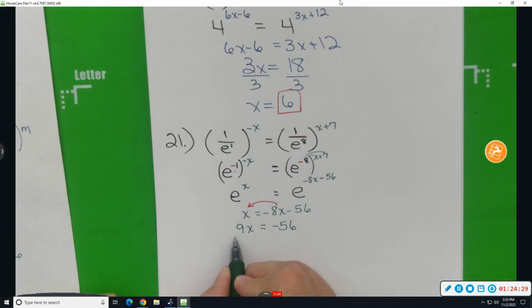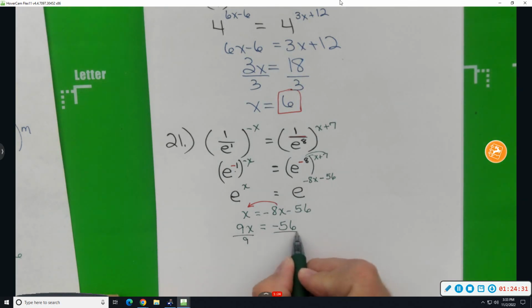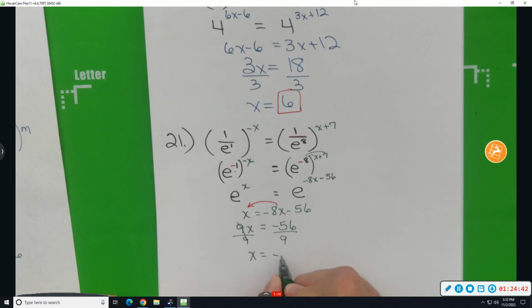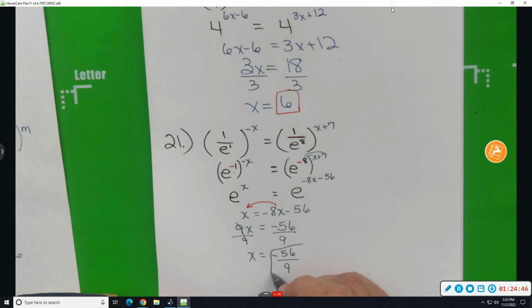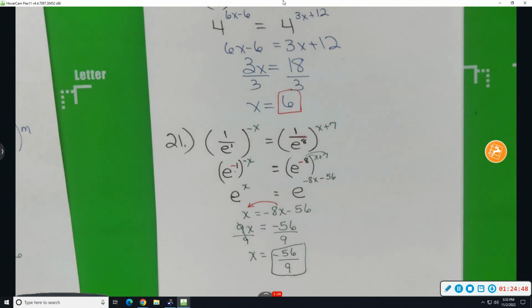Divide both sides by 9. And what are we getting for this? X equals negative 56 over 9, yeah. It doesn't go evenly. So negative 56 over 9.